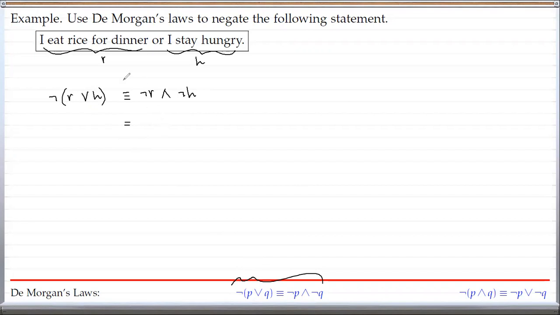Then we have not R is, now we can translate it back in terms of the statements we are given. Not R is I do not eat rice for dinner.